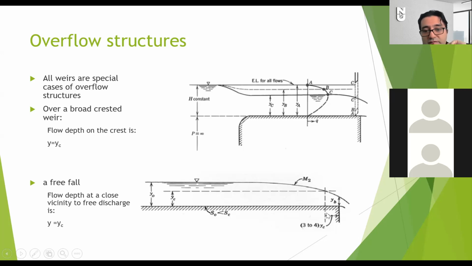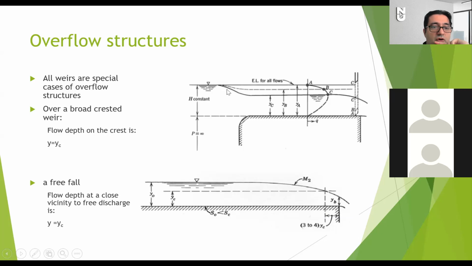Somewhere around here, around 3 to 4 times the critical depth distance L, you will have a depth of water equal to the critical depth. This is another application, which is a free fall.